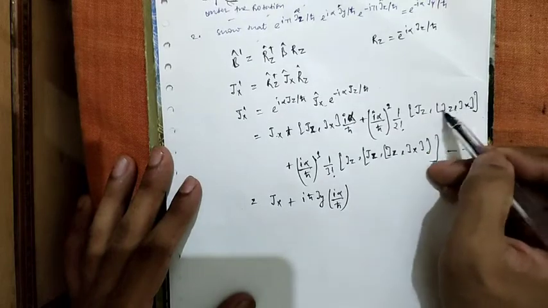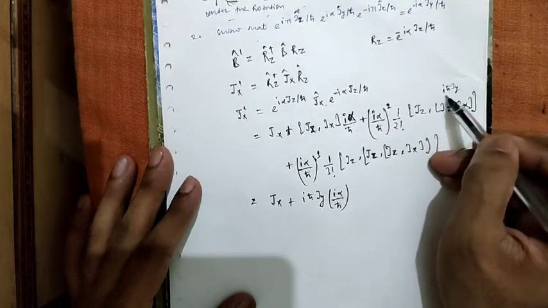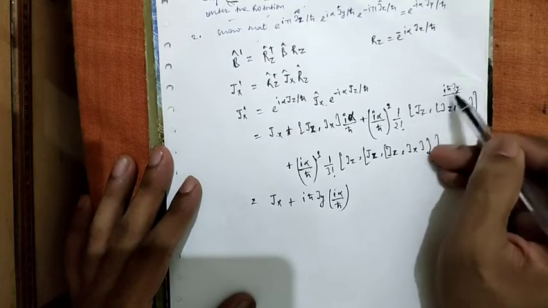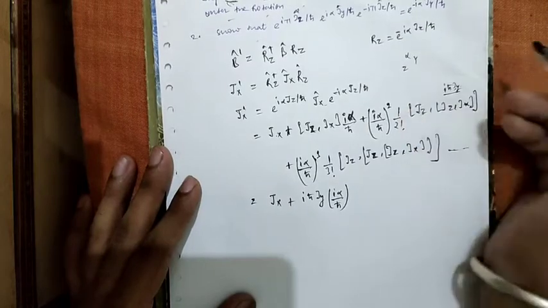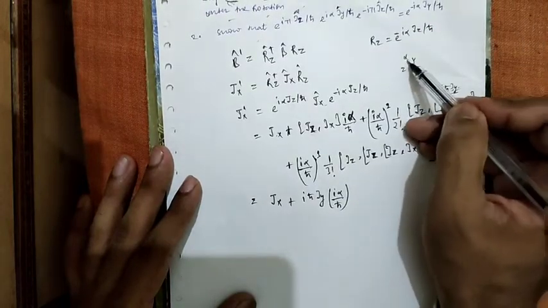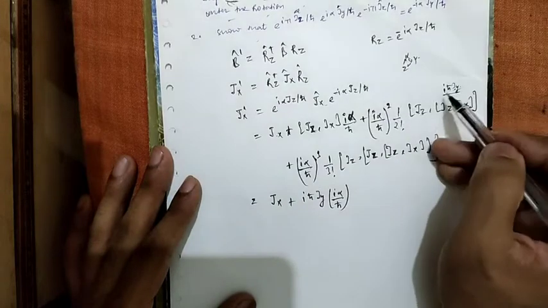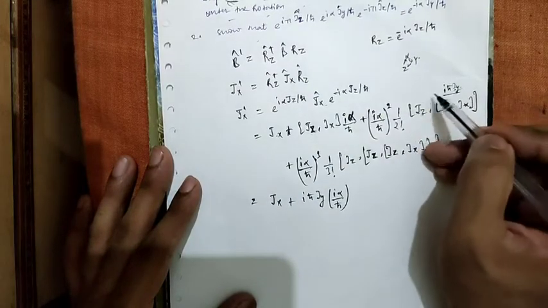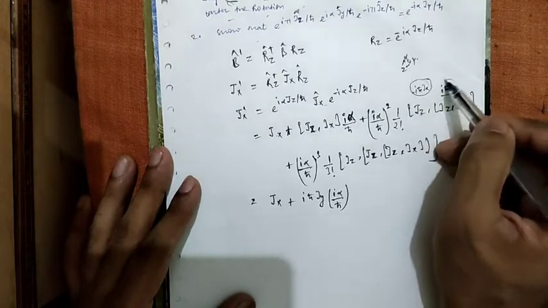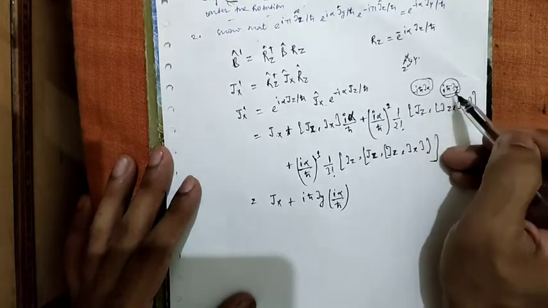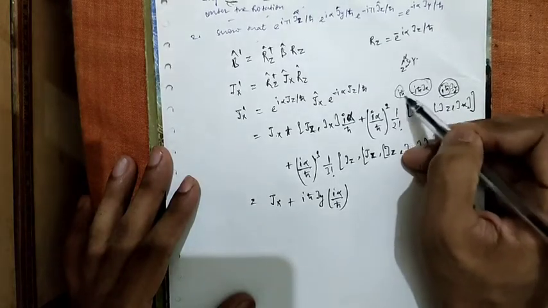The commutation of Jz and Jy, that is z, y, x, gives us minus i h cut Jx, and the multiplication of h cut also.